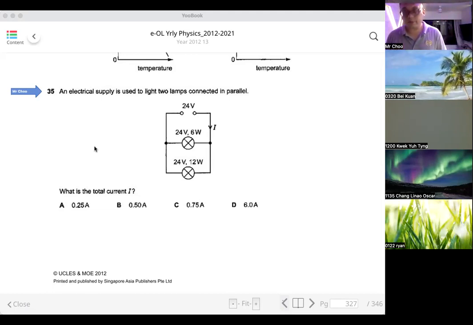Chelsea, incorrect. How Ray, well done. How Ray, why did you share your answer with everybody? See now, Ryan copied your answer.